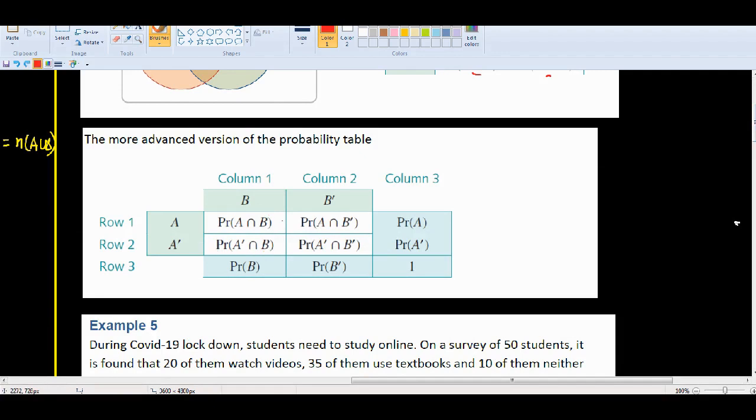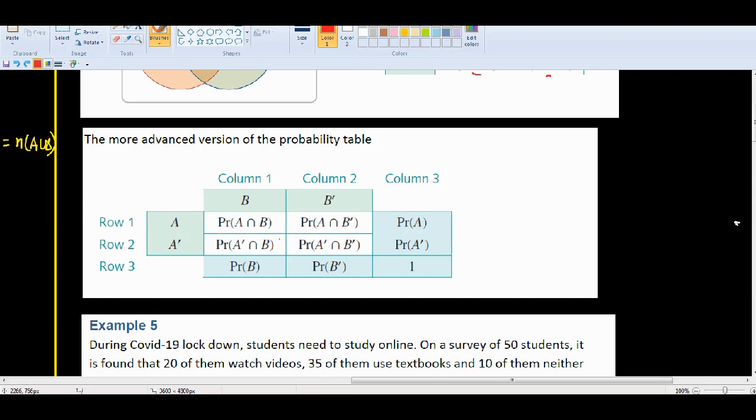So when you add along the row, you get A intersect B and A intersect not B. What do you get? Imagine the graph. A intersect B means in both A and B. A intersect not B means only in A but not in B. So when you add them together, you get A, the probability for A, right?